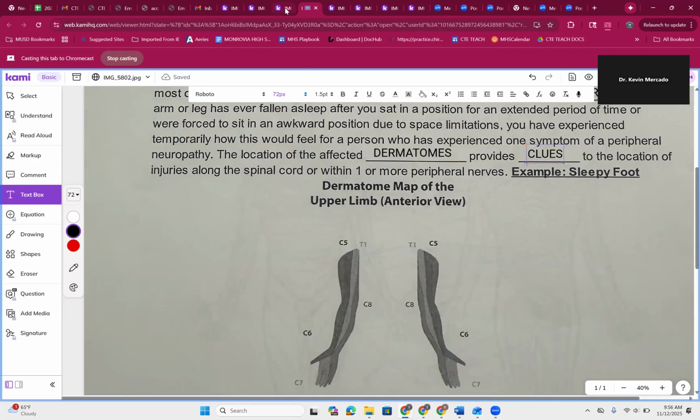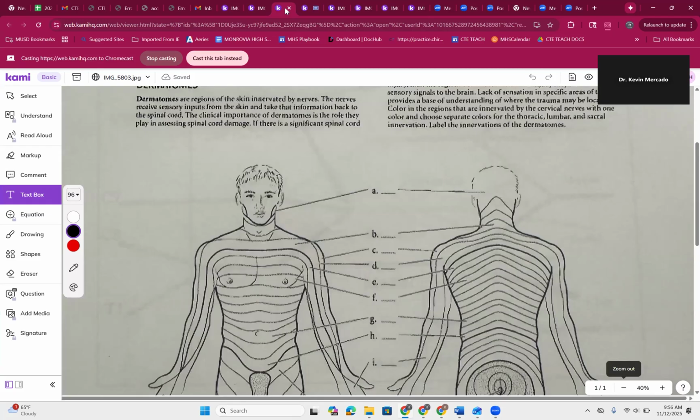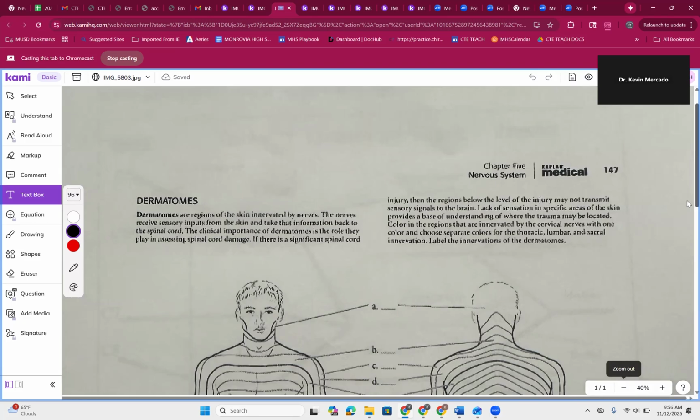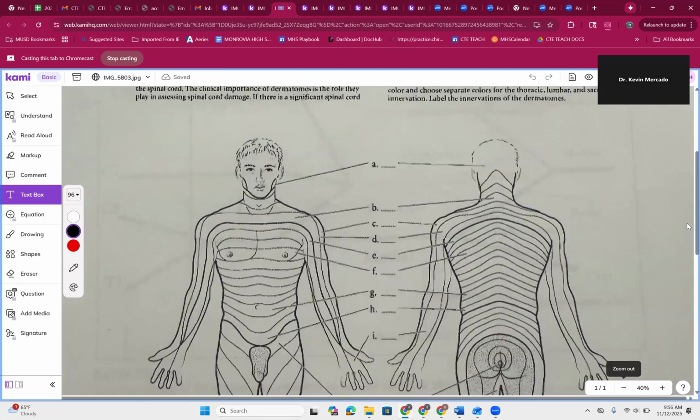Okay, so next page, moving on, which should be this one. I'm going to give you the dermatome levels, and you're just going to write them in next to the letter.